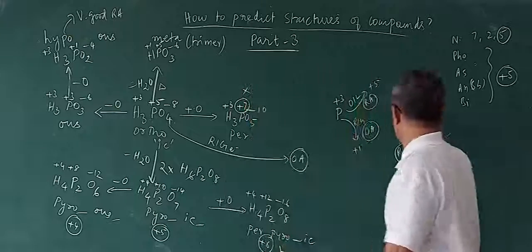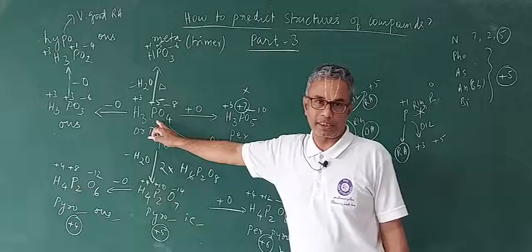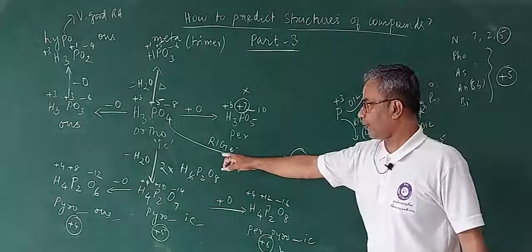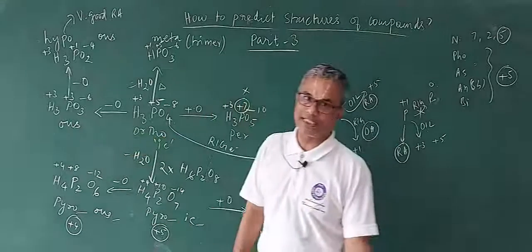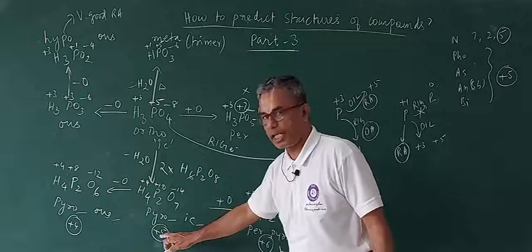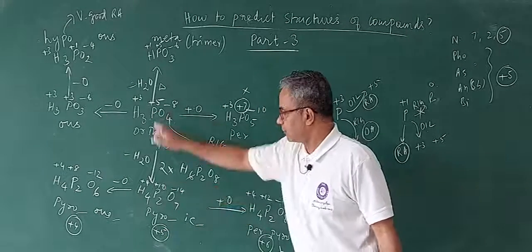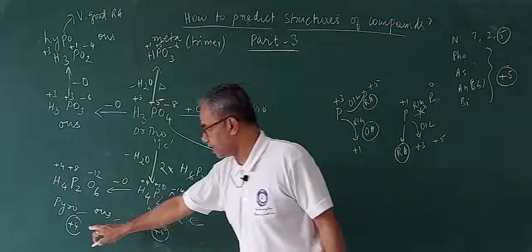Because it can only undergo oxidation, and this is a very good oxidizing agent. Why? Because it can only undergo reduction. This can act as both oxidizing agent as well as reducing agent. Now, we will come to this. Here, if you see again, +5 means it can act as oxidizing agent. Now, this is +4.